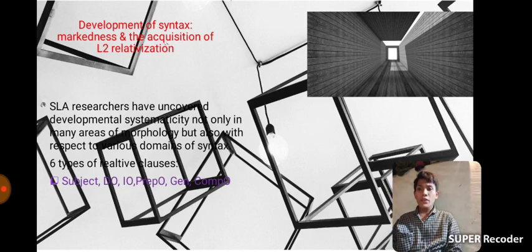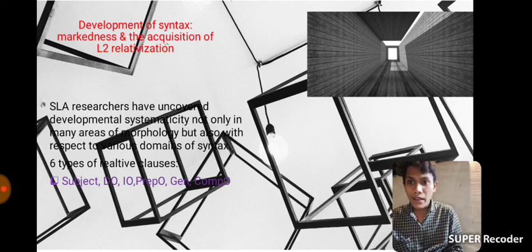In second language acquisition, development of syntax, markedness, and the acquisition of L2 relative clauses. SLA researchers have conveyed development systematicity not only in many areas of morphology but also throughout domains of syntax.